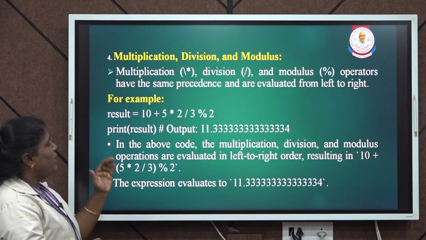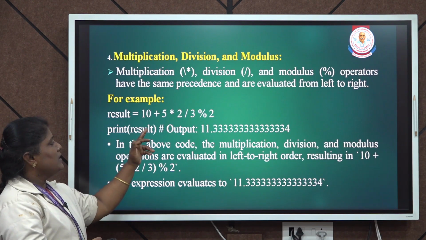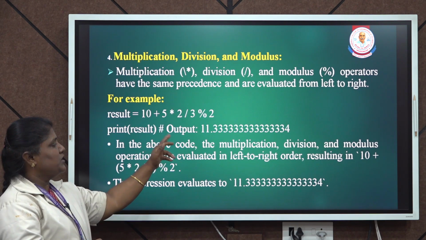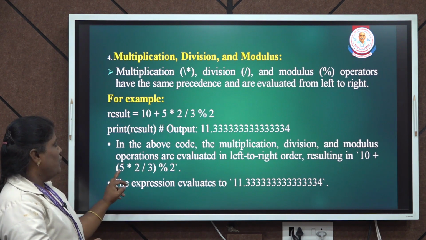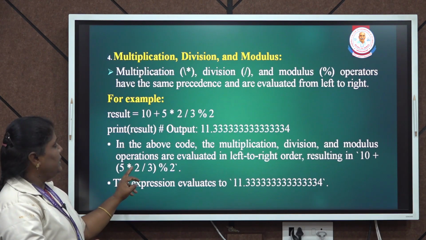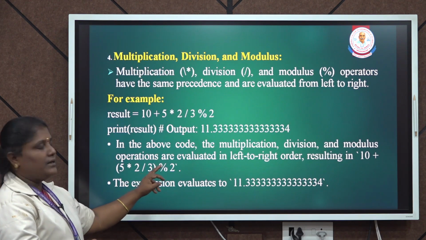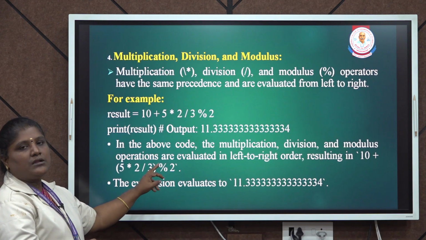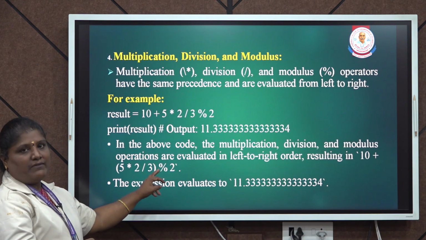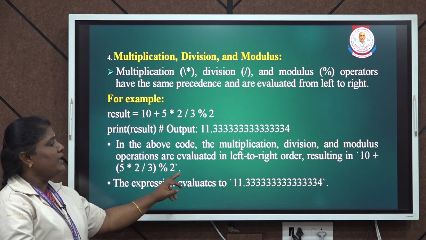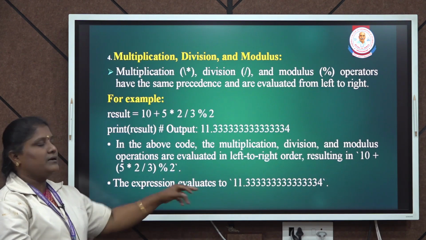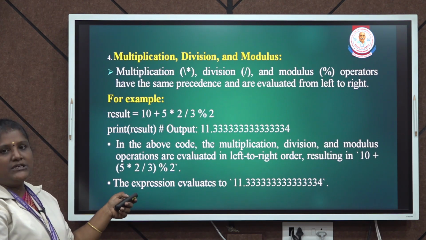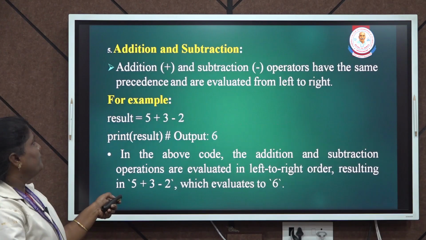First we perform left to right: multiplication, then division, then modulo. 5 into 2 is 10, 10 divided by 3 is 3.33 something, then modulo 2 returns the remainder, 1.333. Then add 10, the result is 11.333 something.